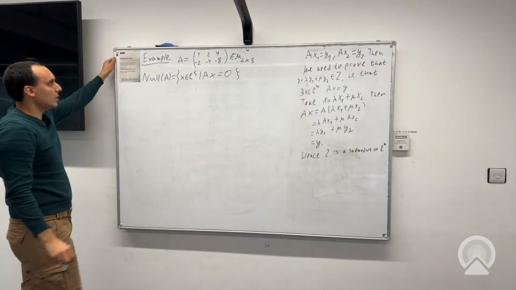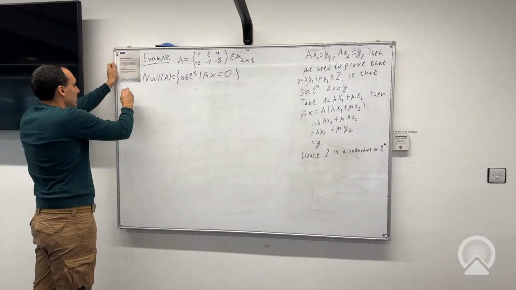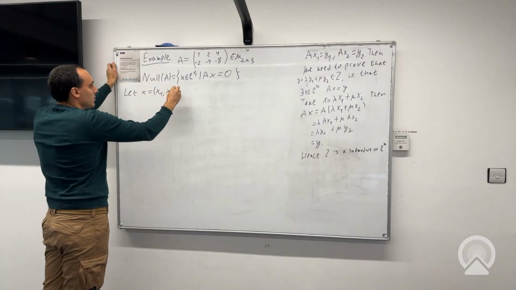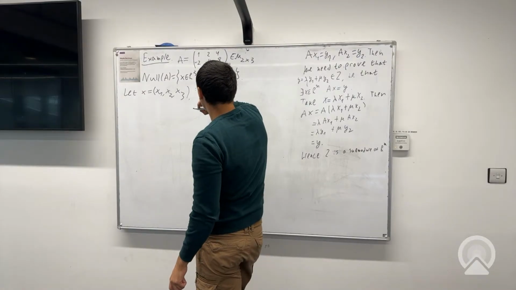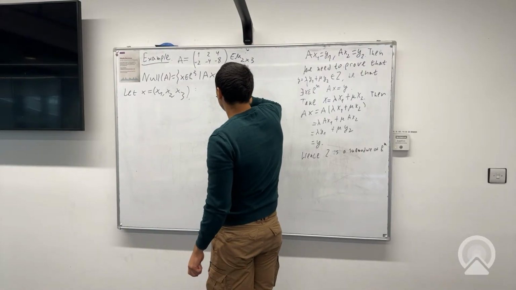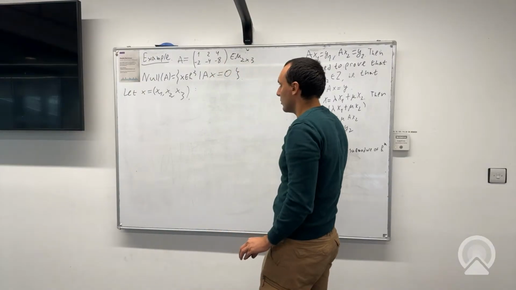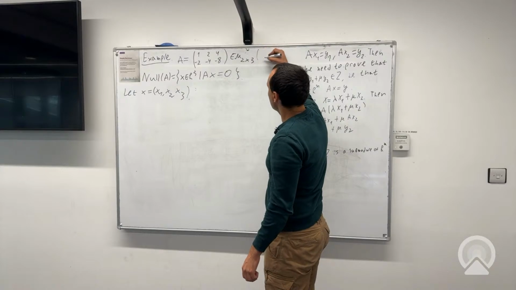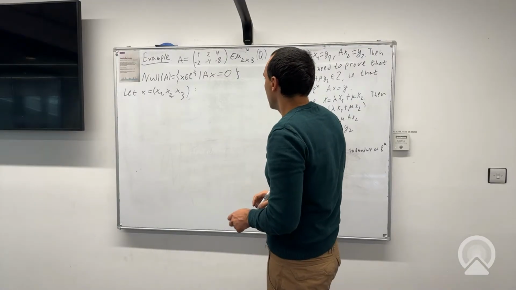Okay, so let me solve it. Let x equal x1, x2, x3. And then we get the following system. I don't know how you studied, but let's say this is over the rationals, for instance.